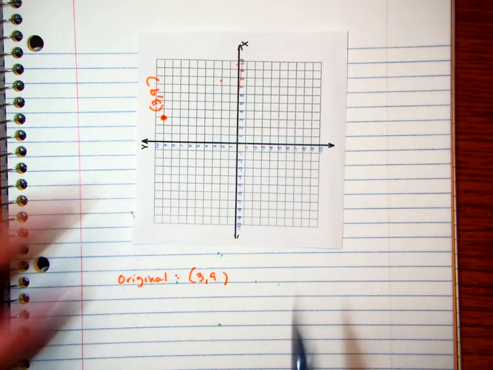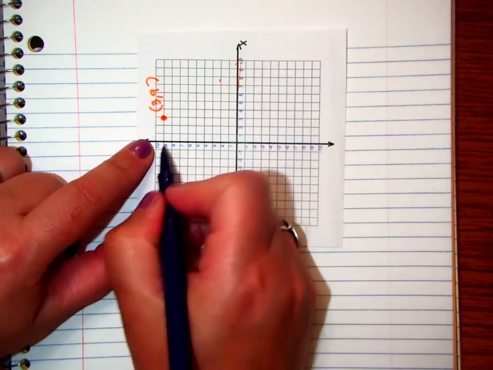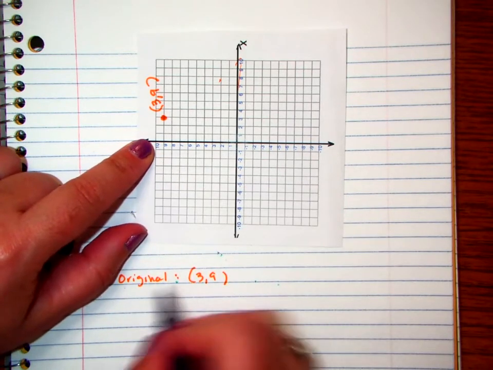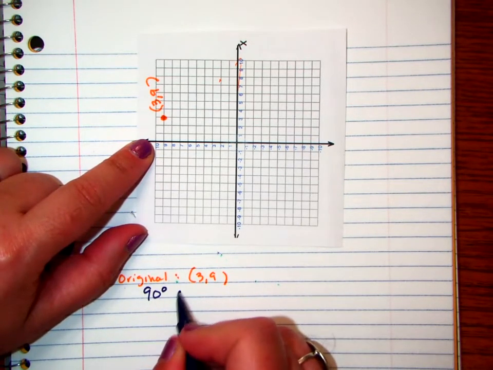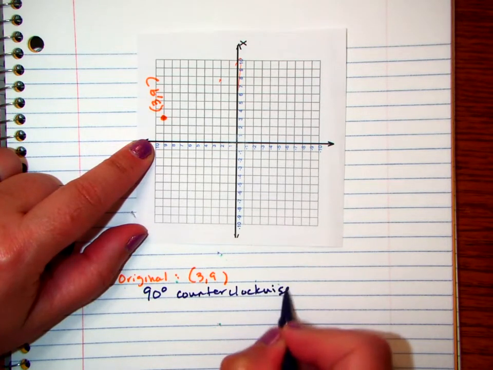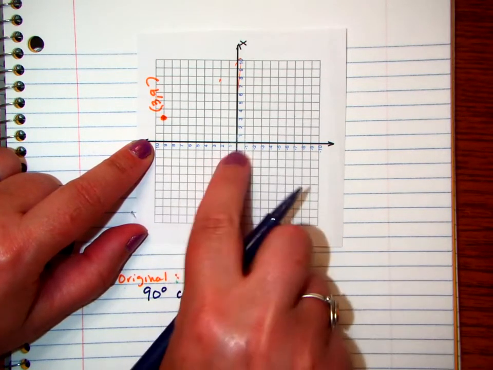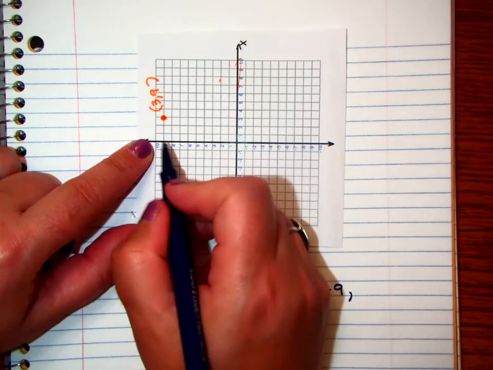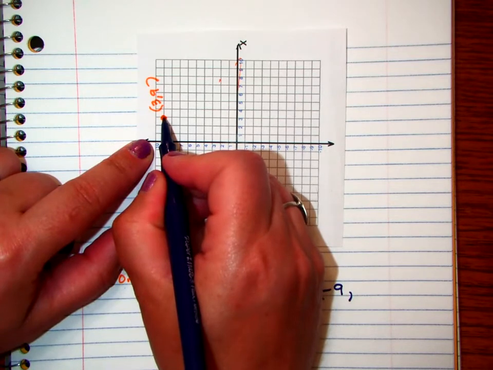So you'll notice it went left 9. So under a 90 degrees counterclockwise rotation, the new coordinate would actually be over here at negative 9, and then up to positive 3.